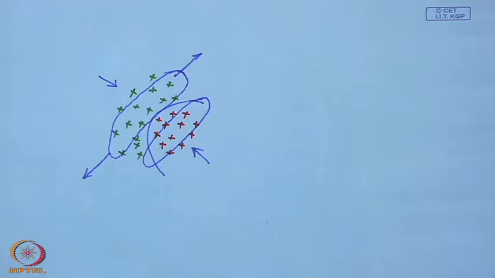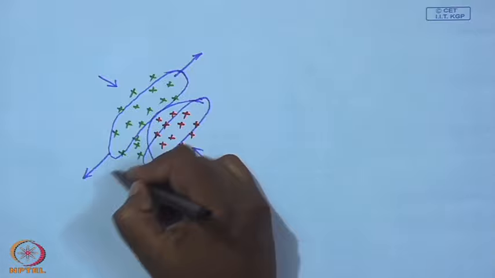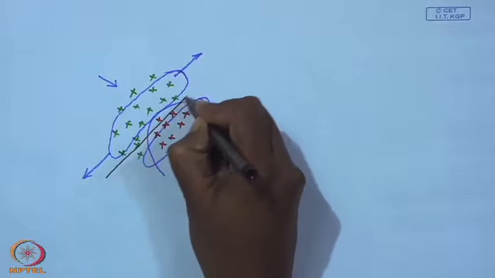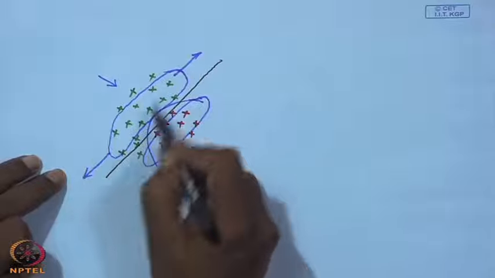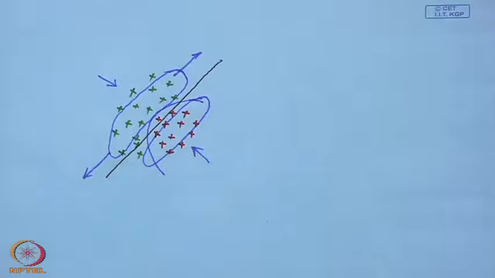And because of this nonlinear transformation, it may be possible that I will be able to find a straight line which separates these feature vectors from these feature vectors.